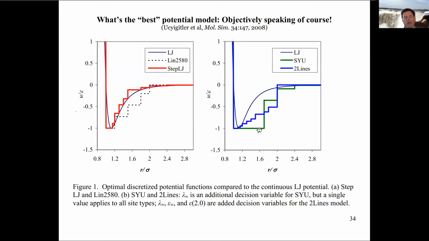Now we're going to ask the question, well, should the interaction potential look like the Lennard-Jones potential? And let me just say this about the Lennard-Jones. Even though I've got these different steps, I don't have 11 different parameters for that. I'm just going to use one parameter for the Lennard-Jones.